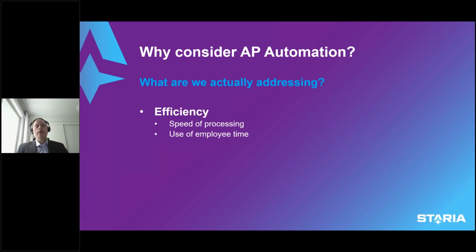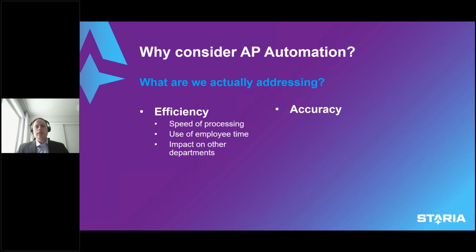There is the question of how much time it will take to process all the incoming data, and then of course how this impacts other departments outside of the finance department. So efficiency is one topic that we want to address here.